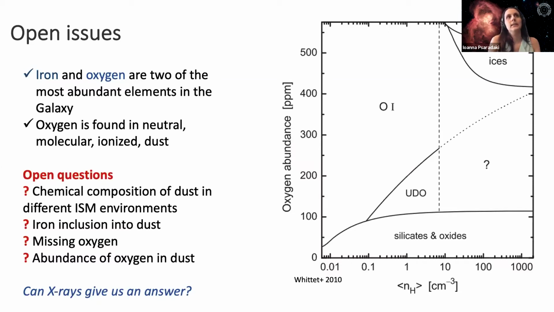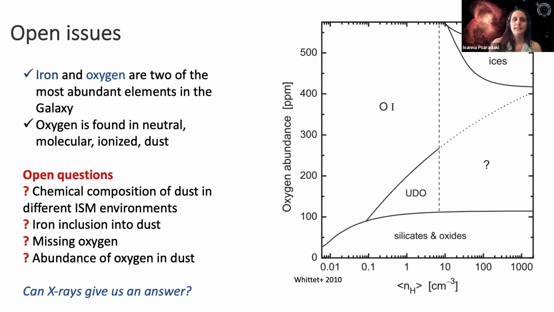This is the so-called oxygen budget problem, as you can see illustrated in this plot. In higher densities in the galaxy, the combined contribution of silicates, oxides, ices, and CO gas cannot account for all the missing oxygen. And also, we don't know exactly what the iron inclusion into dust is yet.